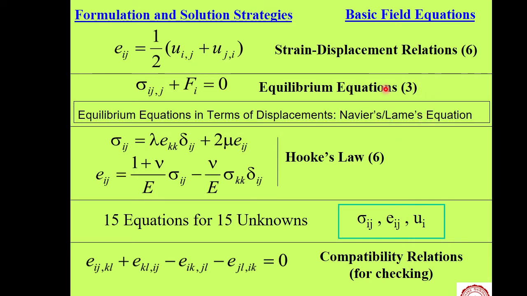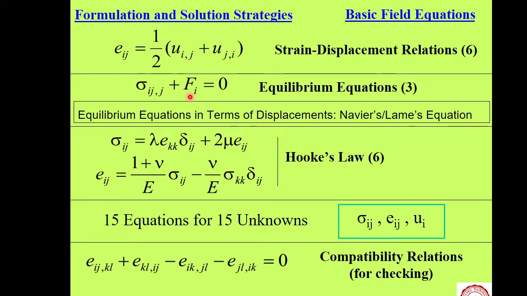Here it is written in a different form, but you see 15 unknowns. How are these 15 coming? These are 6 unknown stress components, 6 unknown strain components, and 3 unknown displacement components.